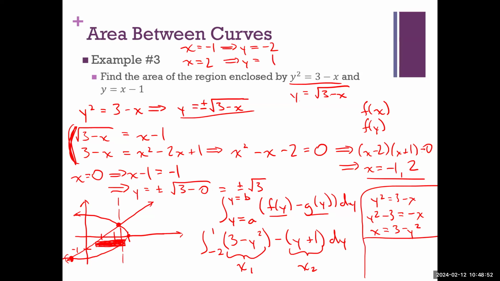So the way I can find which one's greater is by just choosing any y value I want between -2 and 1. 0, like you said, is a very convenient one to try. Let's try it. If I plug in 0 for this y and the y squared here, I get 3. If I plug in 0 for y plus 1, I get 1.